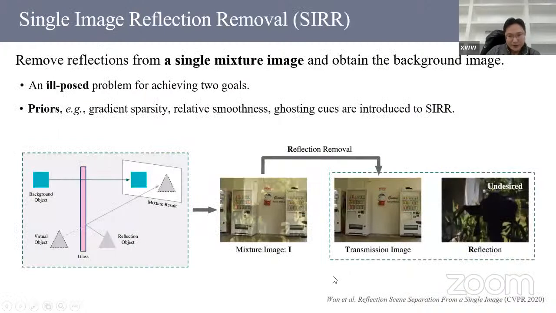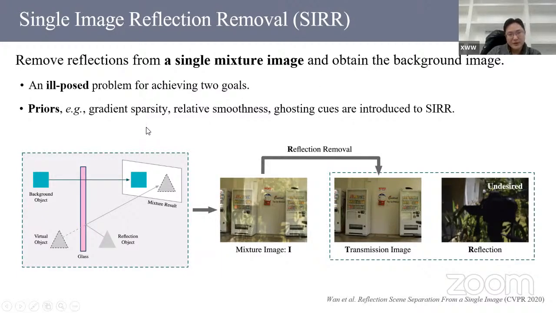So there is a lot of research work on how to remove reflections in a single image using optimization or neural networks. Since there are many unknowns, for each image pixel we need to determine its reflection color and its transmission color, so it's an ill-posed problem.